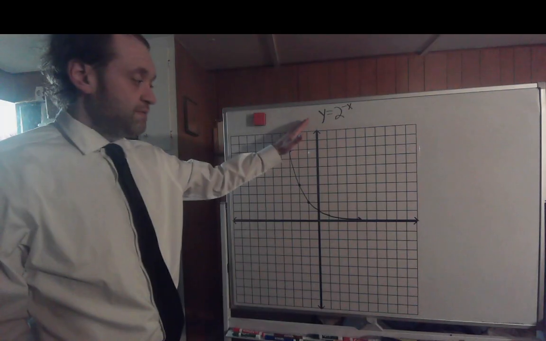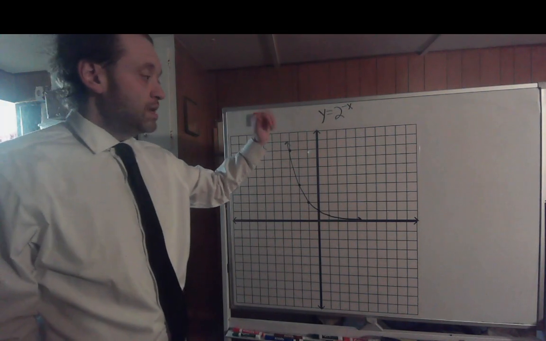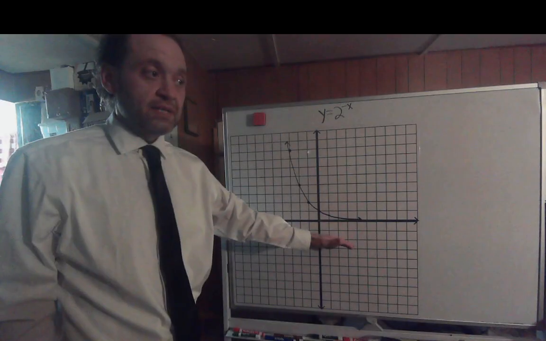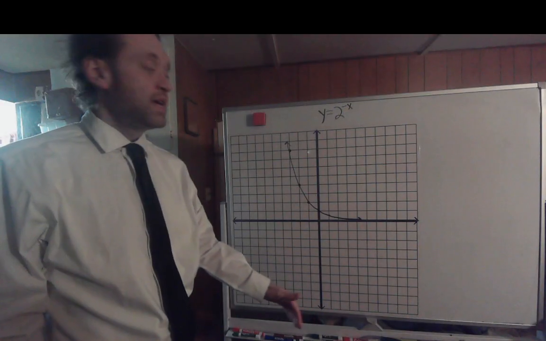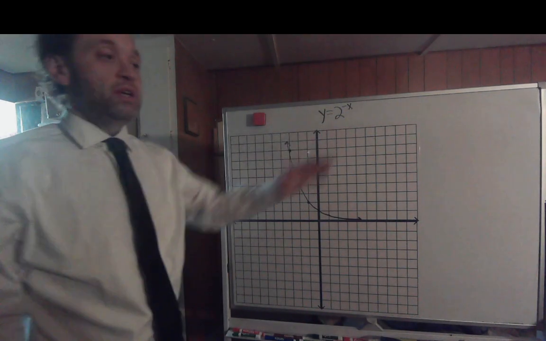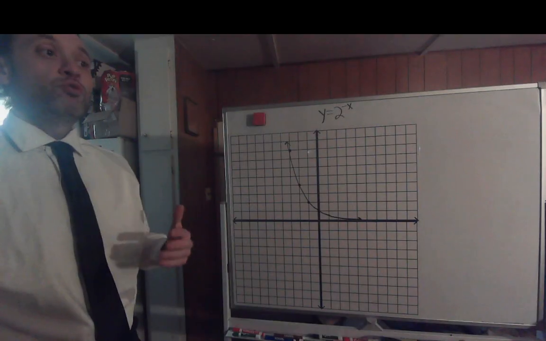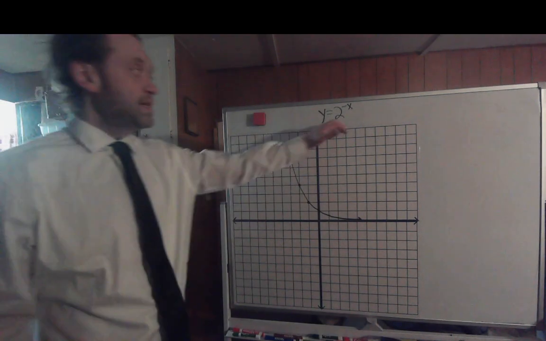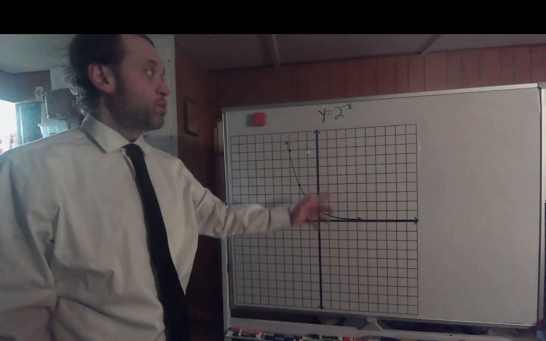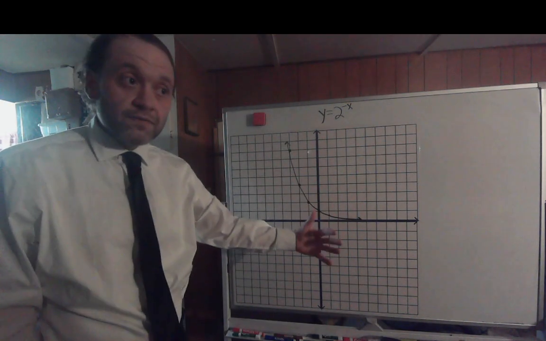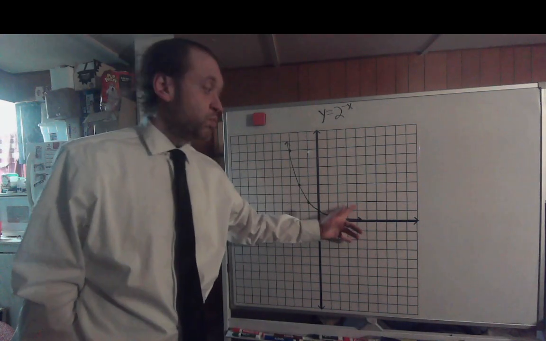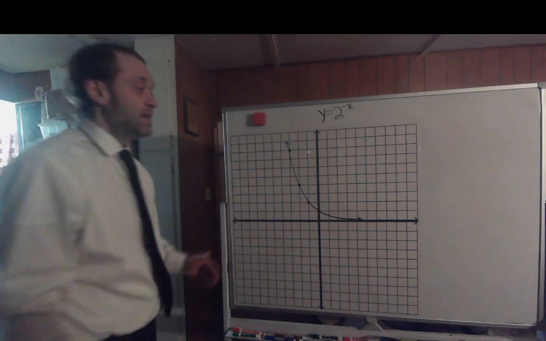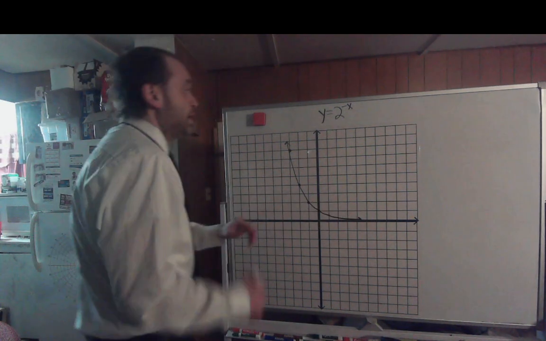You have a horizontal asymptote yet again at y equals 0, because the idea of an exponential function is, again, there will be no value that you can raise this to that would actually make the y value 0, or negative for that matter. So that's why the asymptote is y equals 0. And it helps guide the curve.